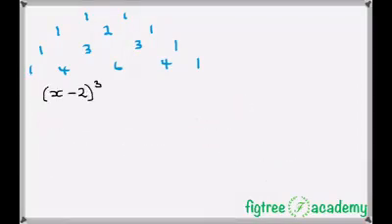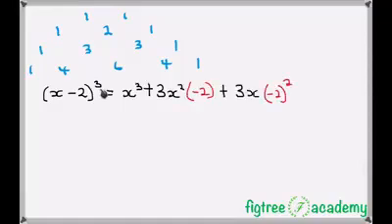You can also be given negative numbers here. So here the last term is -2, the same applies. This is the third degree, these are the coefficients 1, 3, 3, 1. So x cubed plus 3x squared times minus 2 to the power 1, plus 3x times minus 2 squared, plus minus 2 cubed.